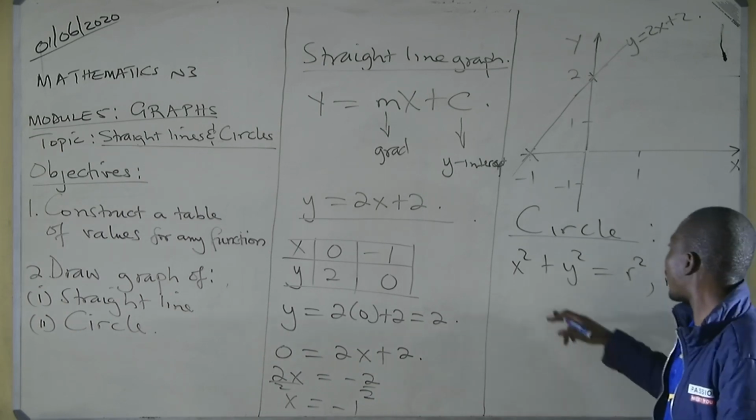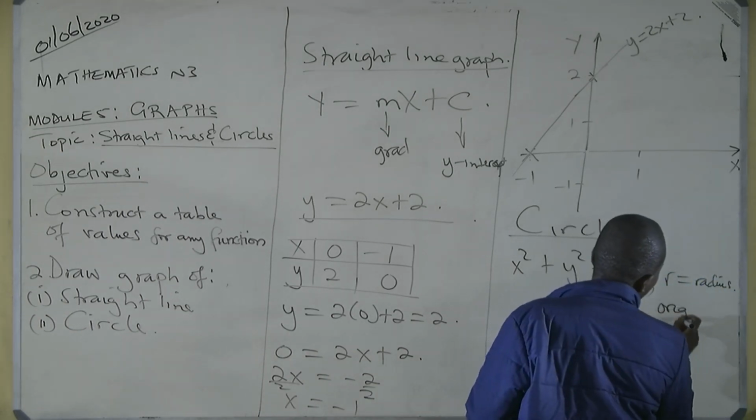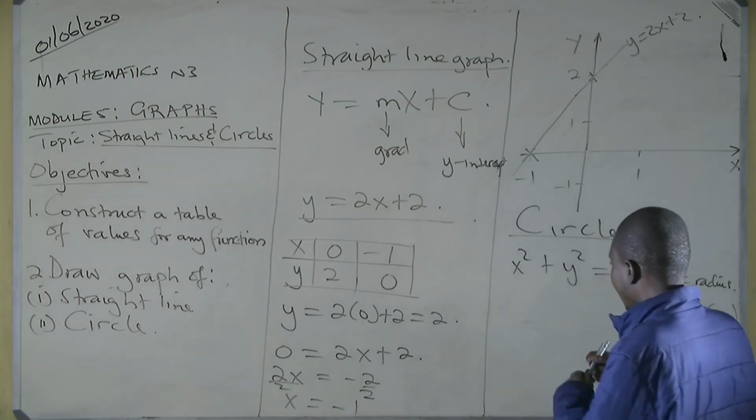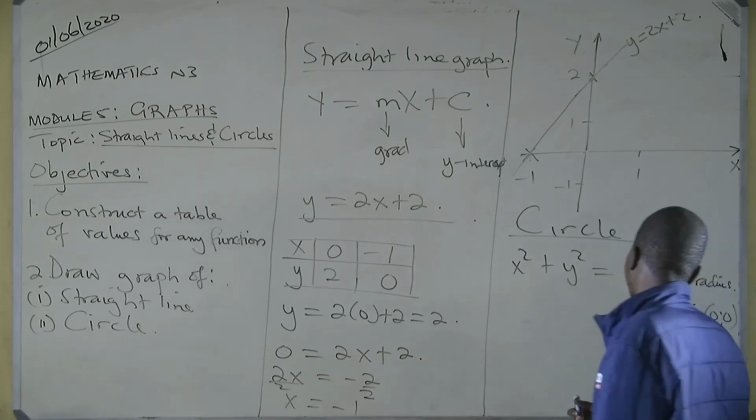The moment you know the radius of the circle, and this circle is at the origin, and we know the coordinates of the origin are 0, 0, we can draw this circle using the radius with a compass point.